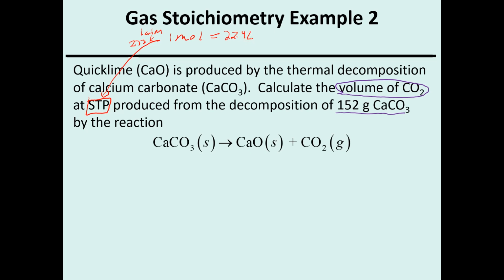Now this is only true when the pressure is 1 atm and the temperature is 273 Kelvin. If this is not the case, this relationship no longer applies, because the calculation to get this volume uses this pressure and this temperature. So if we have a different pressure or a different temperature, we can no longer say that 1 mole equals 22.4 liters, which is why we couldn't use that equality in the last problem.